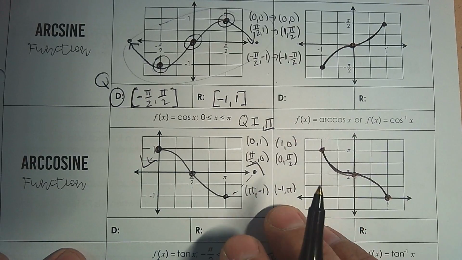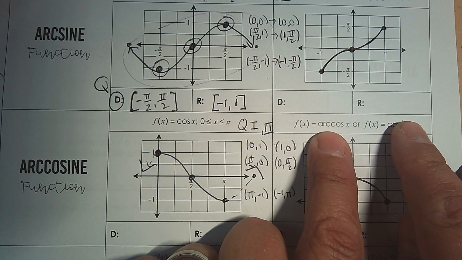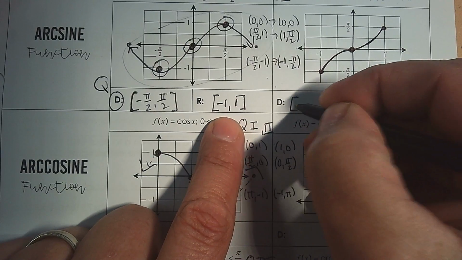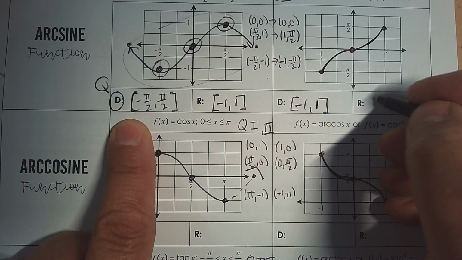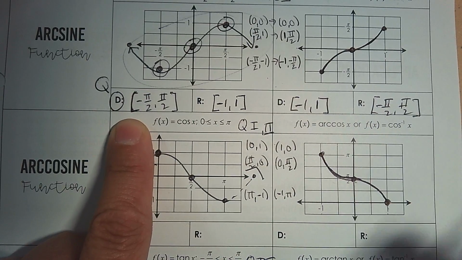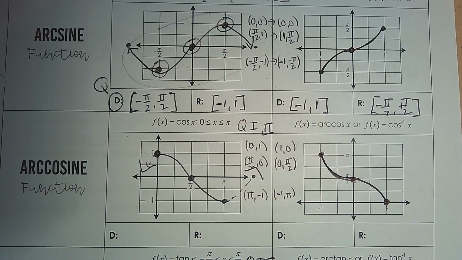Now, if I have the domain and range on the left, what do I do to the right? Just flip them. So now the domain goes from negative 1 to 1, and the range goes from negative pi over 2 to positive pi over 2. So if we know the domain and range of the function, then for its inverse, we just inverse the domain and range for the other one.